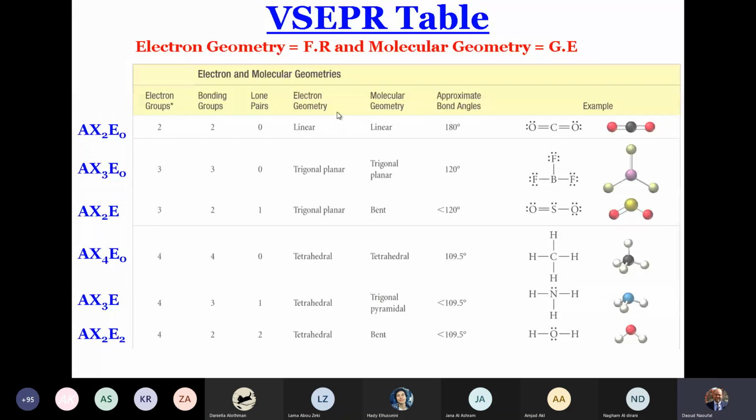So what is the figure of repulsion? The figure of repulsion of AX2E2 of EP4 is the same as AX4. So the figure of repulsion is tetrahedral. We have 4 lobes that make a tetrahedron, 2 lobes for AX and 2 other lobes or balloons, each containing 2 electrons.